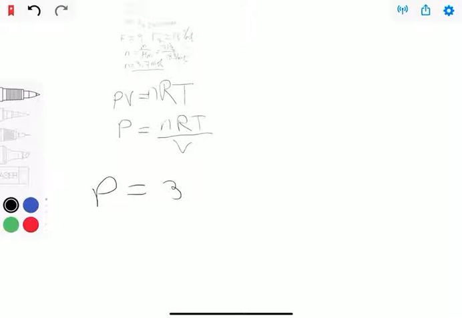So I can just put in all the information I have, and remember to always carry with you your units. That's how you double check that you're doing the math correct, because you're going to end up with only one unit here, and that is kilopascal.